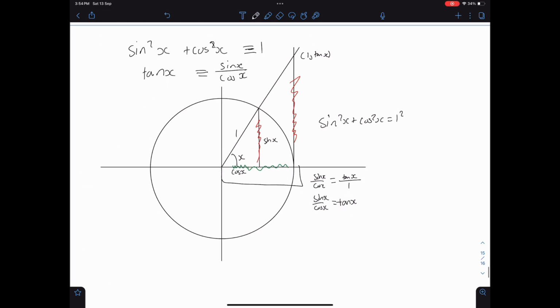Now, you will have to use those two identities to prove other identities.